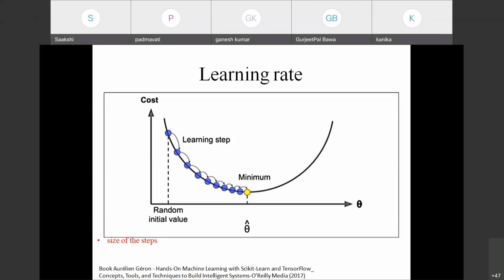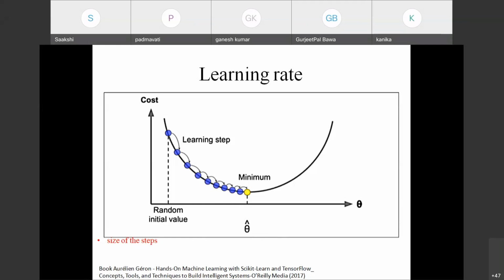Let's see that. I hope this is clear. Now, this graph is clear. On the x-axis, we have taken some parameters, and on the y-axis, we have considered the cost. The cost term may be new to you, but cost is the same as the loss function.